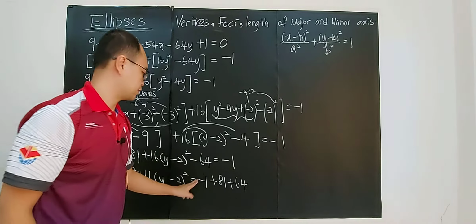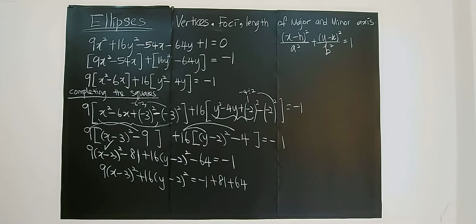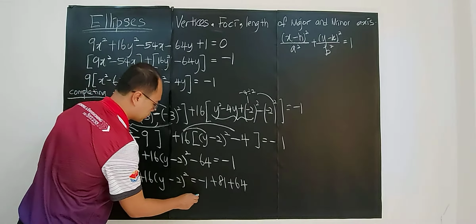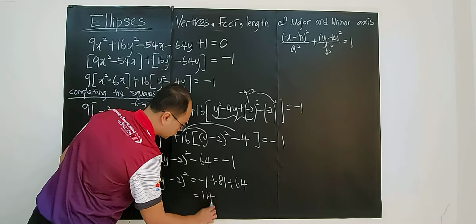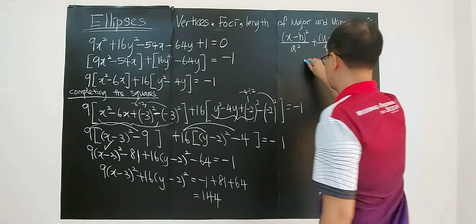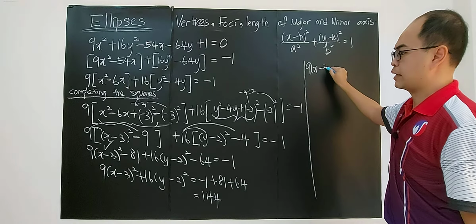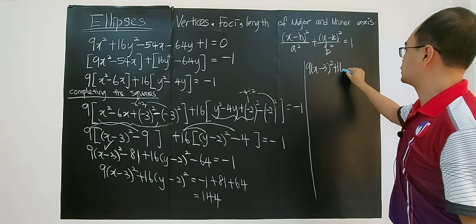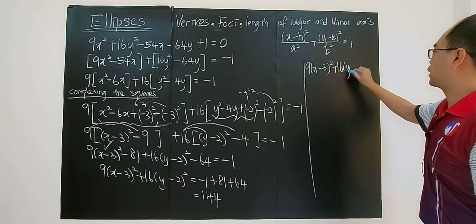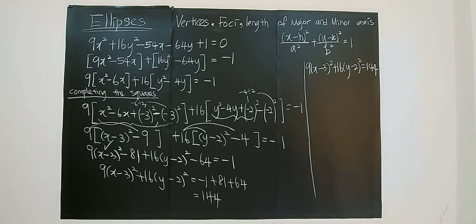Let's see what the value is. You are getting 144. So finally you have 9(x minus 3) squared plus 16(y minus 2) squared equals 144.